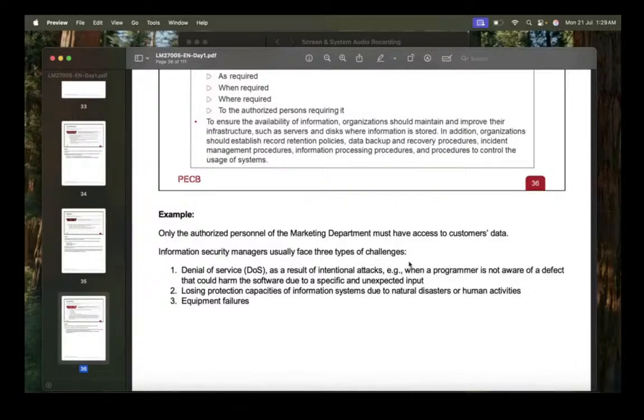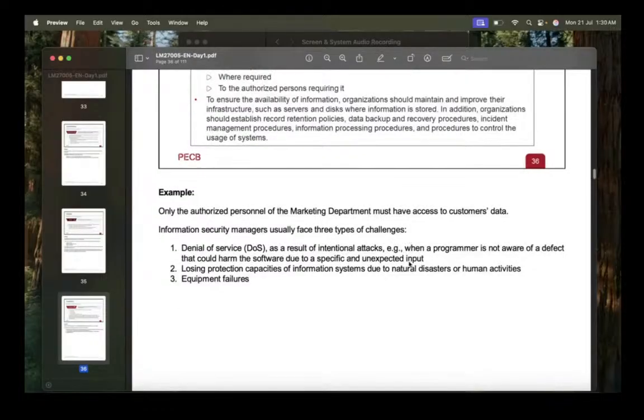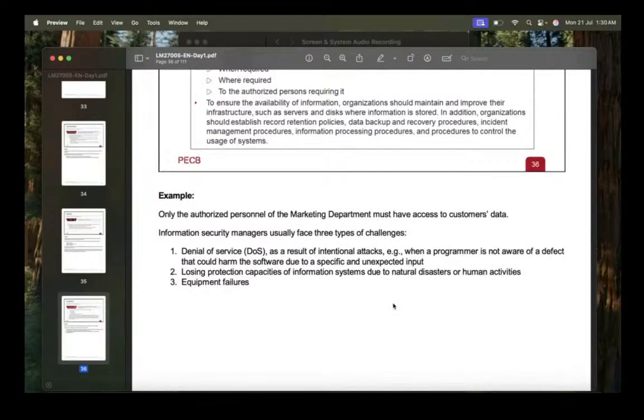So here there are basically three types of challenges faced by information security managers. What are these challenges? First is the denial of service, also known as DOS, as a result of intentional attack, when the programmer is not aware of a defect that could harm the software due to a specific and unexpected input.